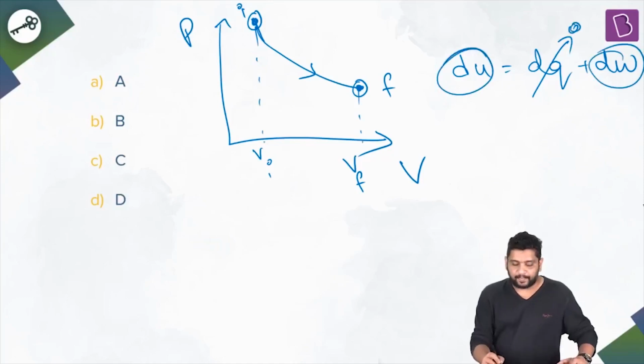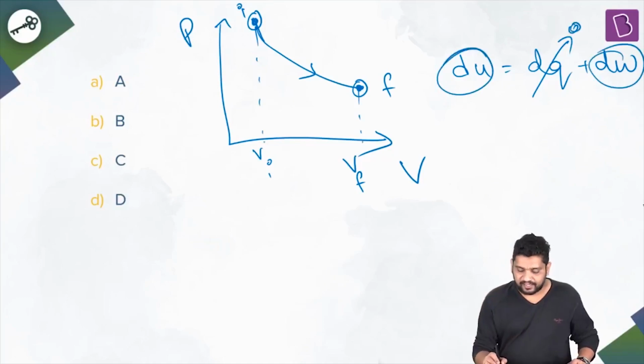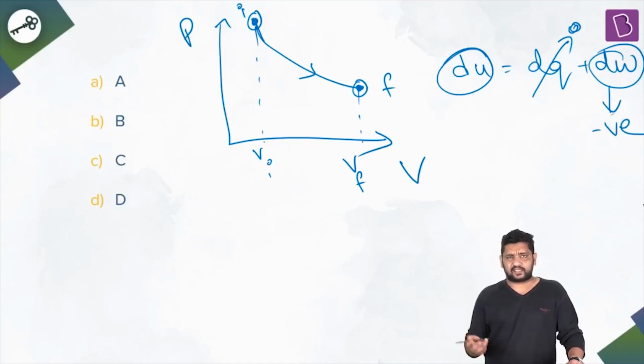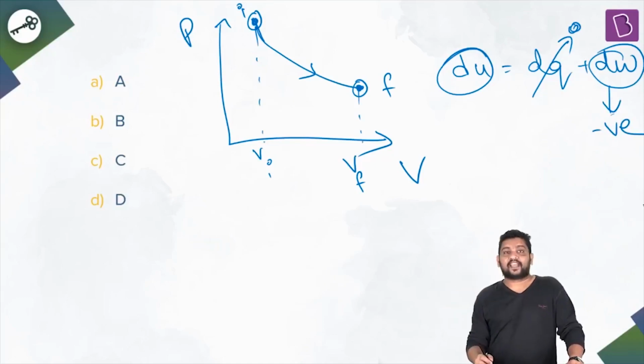In adiabatic. Now what is adiabatic? No heat enters or leaves the system, right? Obviously if there is expansion, we know that work done is negative, right? For work during expansion, by sign convention, when there is expansion, the system is the one doing work against the external agency. So we say that work done is negative.